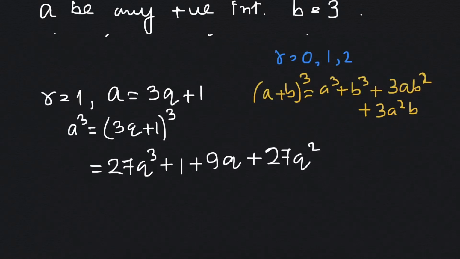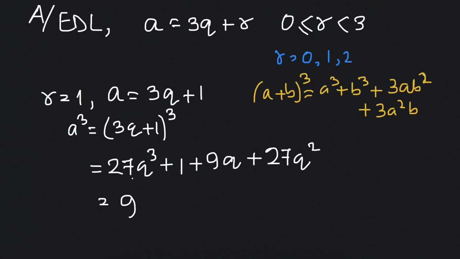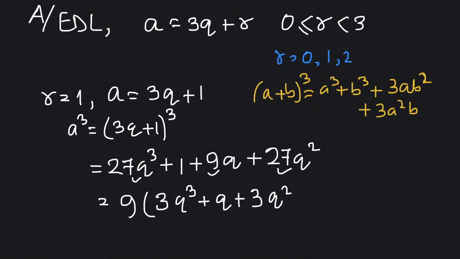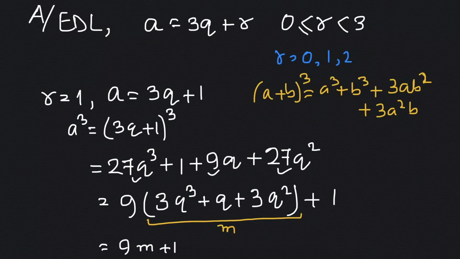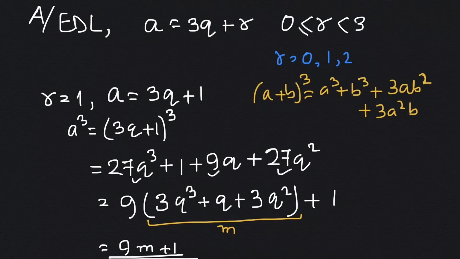If we take 9 common from this, we have 9 times 3q cube plus q plus 3q square, plus 1. Again this is an integer, we can replace it as m, so we can rewrite this as 9m plus 1. Again we have seen 9m plus 1 is the cube form of an integer.